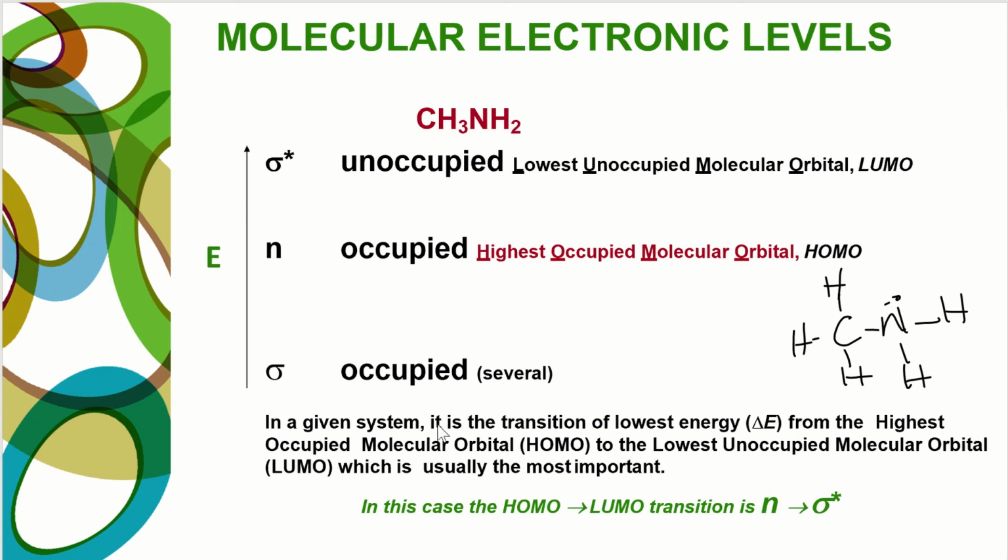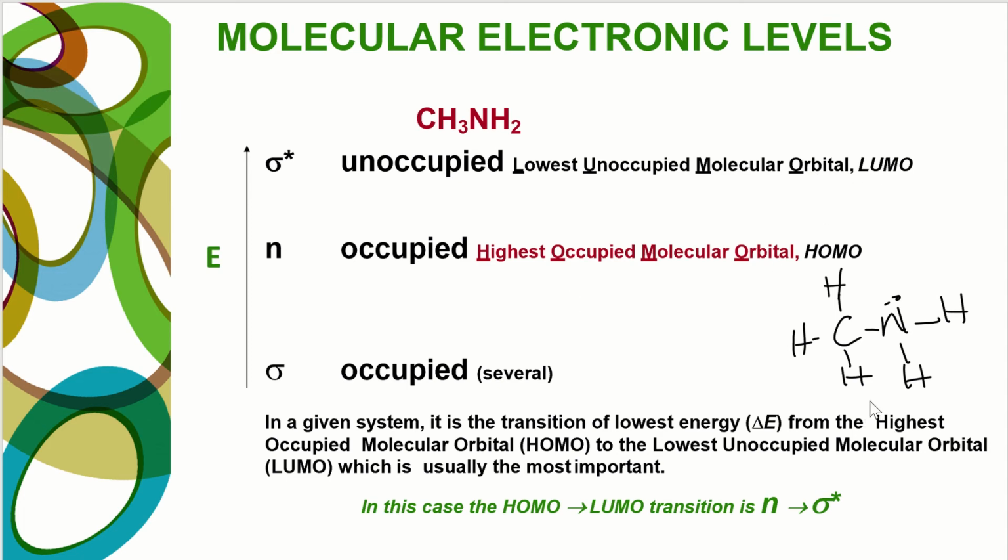So in a given system, it is the transition from the highest occupied molecular orbital to the lowest unoccupied molecular orbital, so from HOMO to LUMO, which is usually the most important. So even though there might be other occupied levels, right, what we're looking at is the highest occupied molecular orbital, which is HOMO, and the lowest unoccupied molecular orbital, which is LUMO.